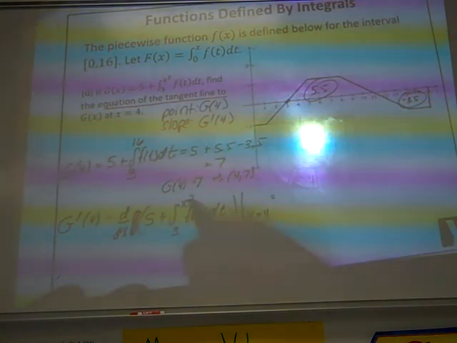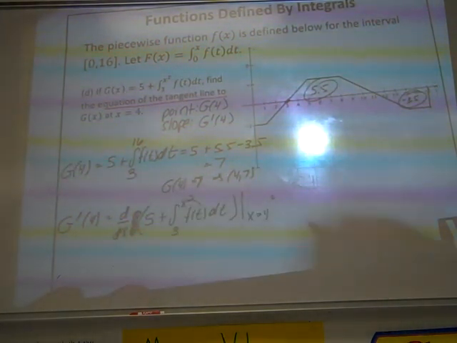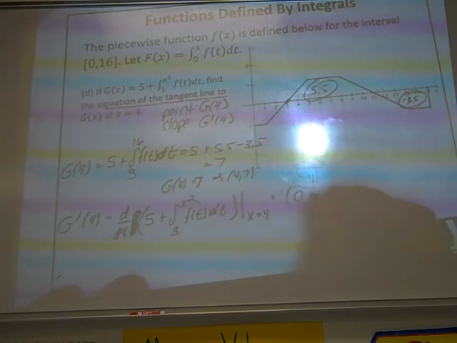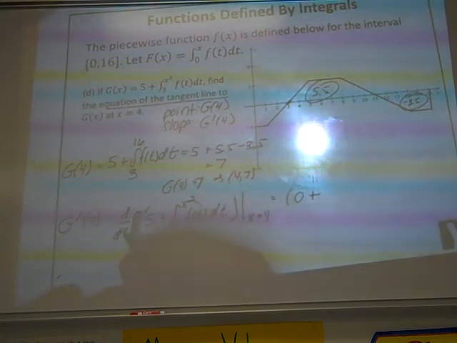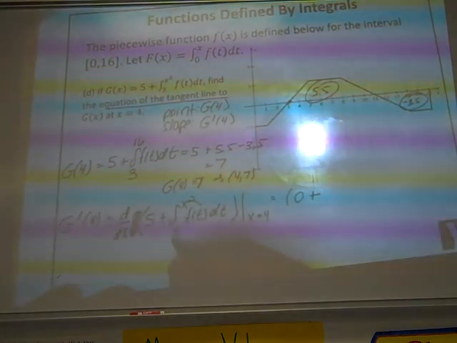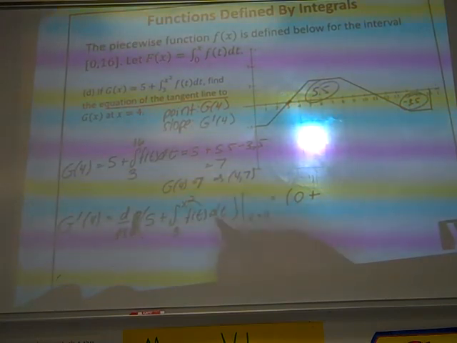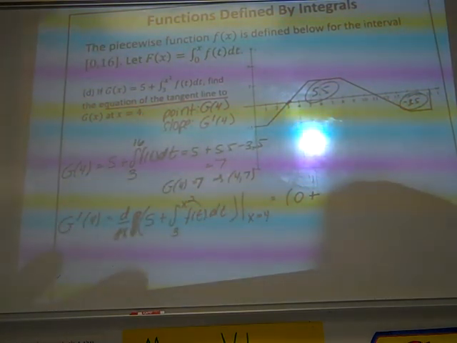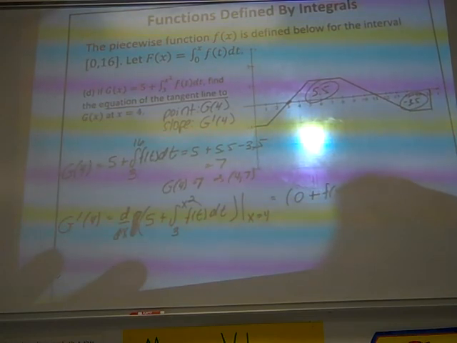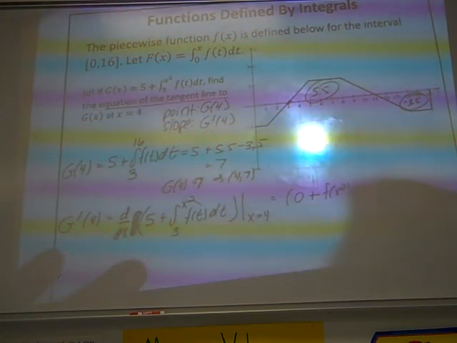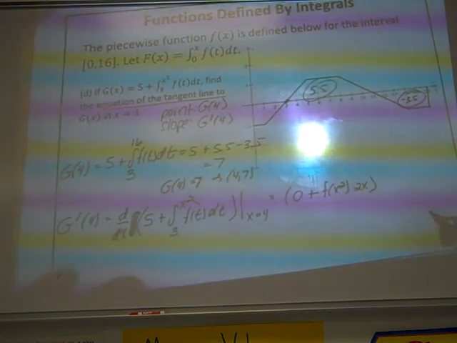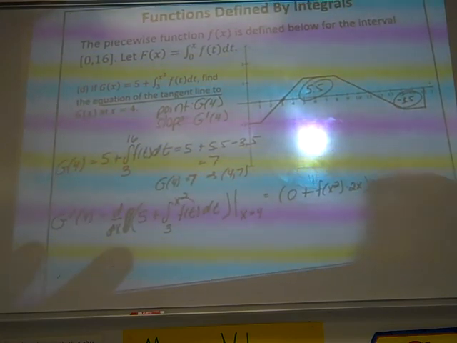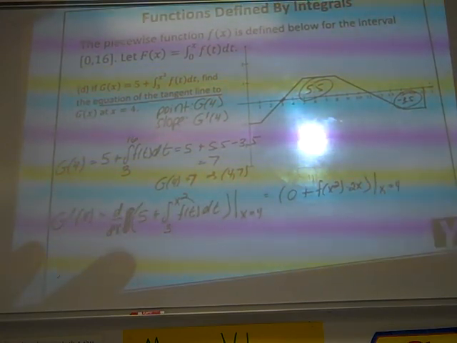We take the derivative of this function in here. The derivative of 5 is 0 plus the derivative of an integral from a constant up to a function of x. It's going to be f of x squared times 2x. That's your extended second fundamental theorem of calculus. And then evaluate at x equals 4.